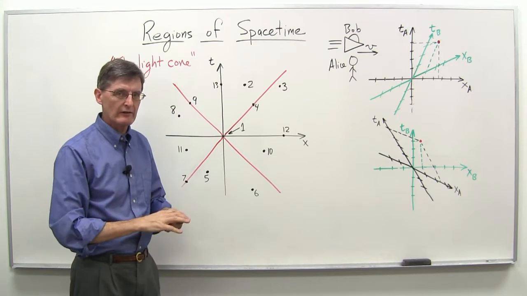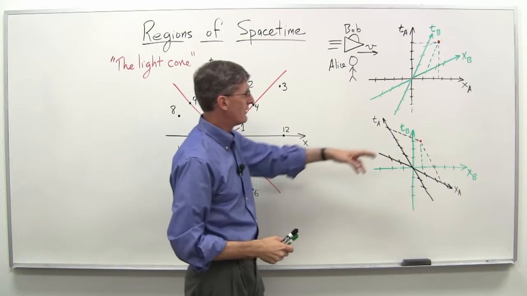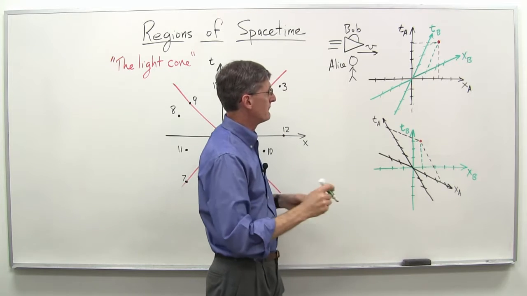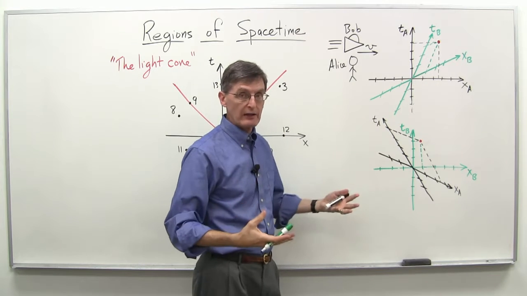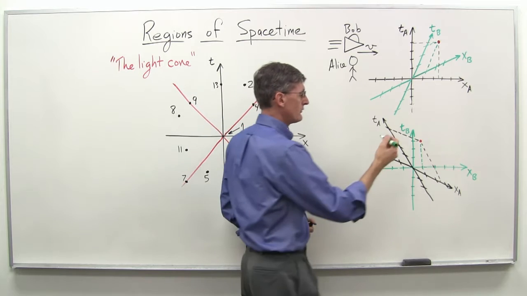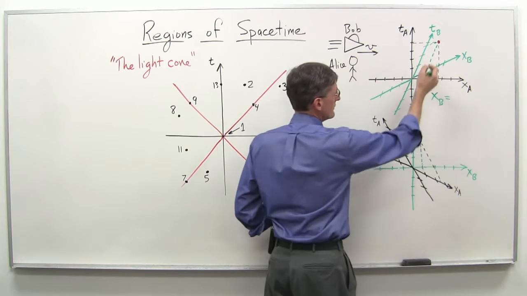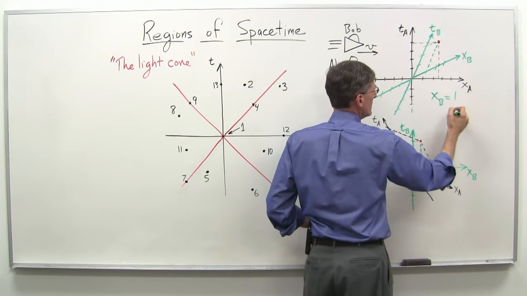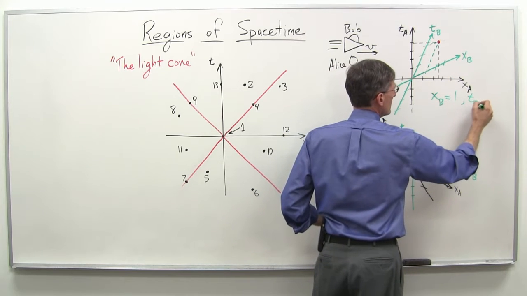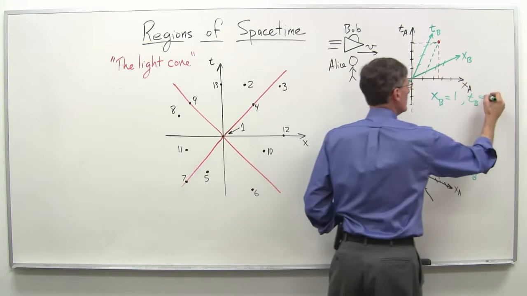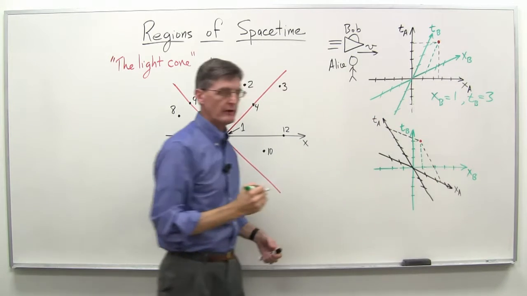This isn't quite drawn exactly to scale, but you can see that in Bob's reference frame, he would measure that space-time event as x sub b equals about 1, it looks like, and t sub b equals about 3. Again, these are approximations.